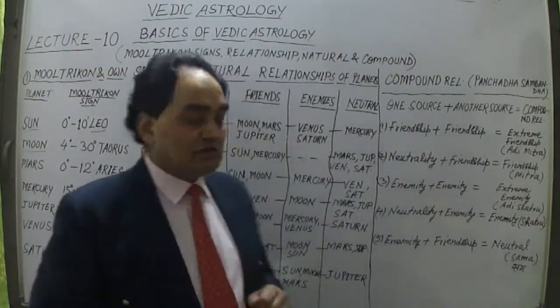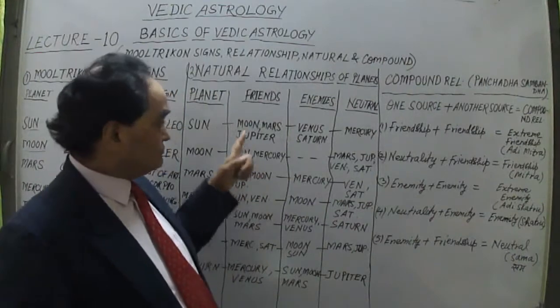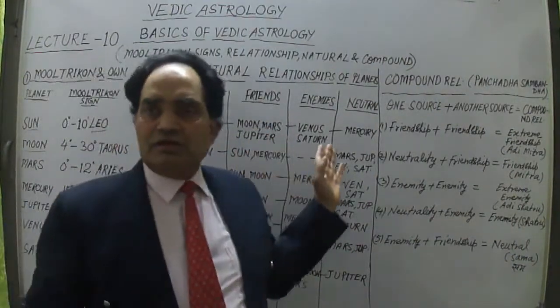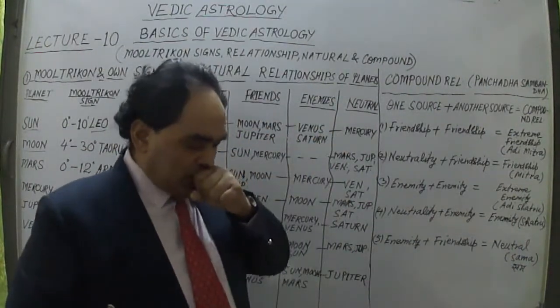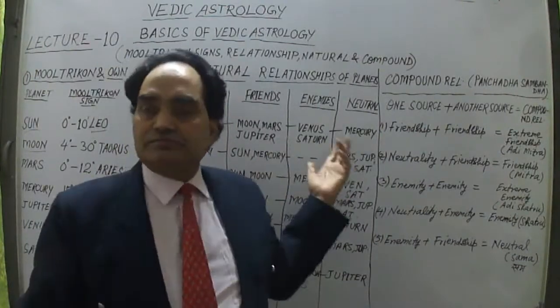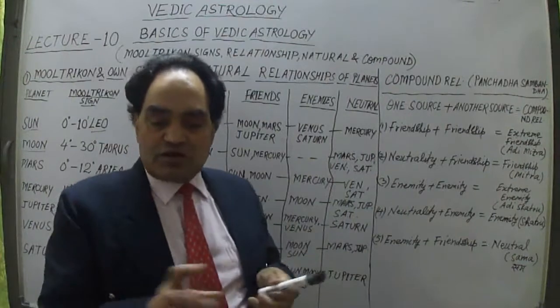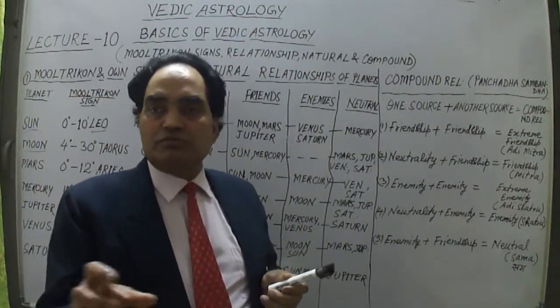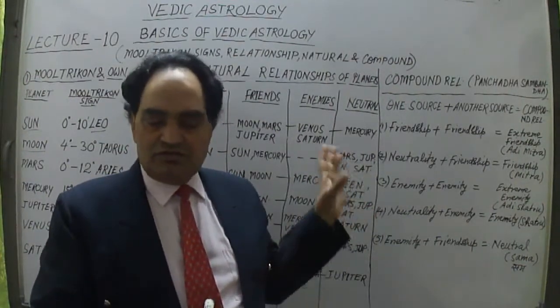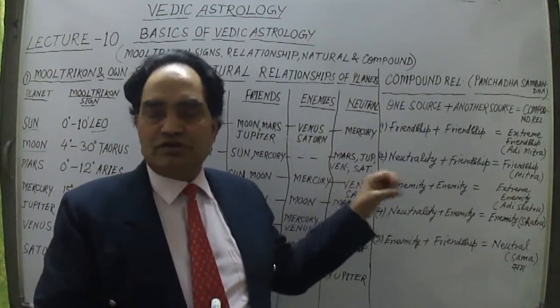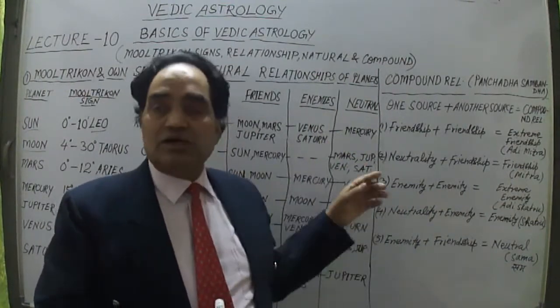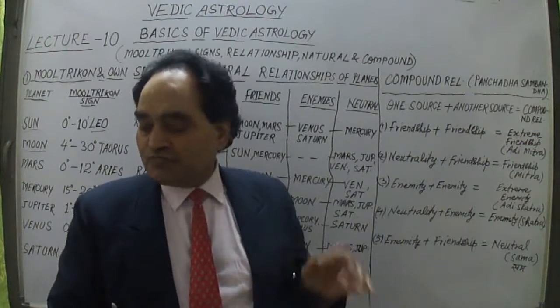Now come to the second point. Let me again discuss this, because it is very important. What is the natural relationship among the planets? These 7 planets I'm talking about; Rahu and Ketu I'm not talking about at the moment. I'll take them separately, as they are very important.